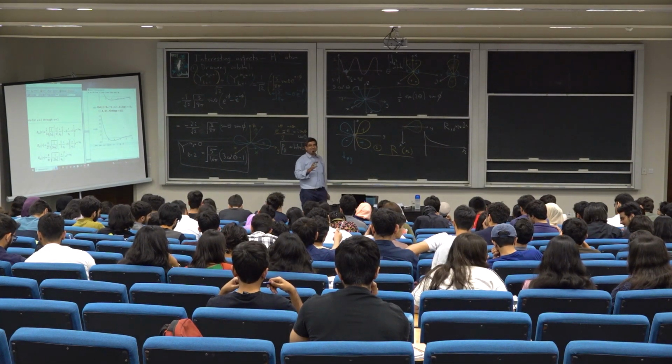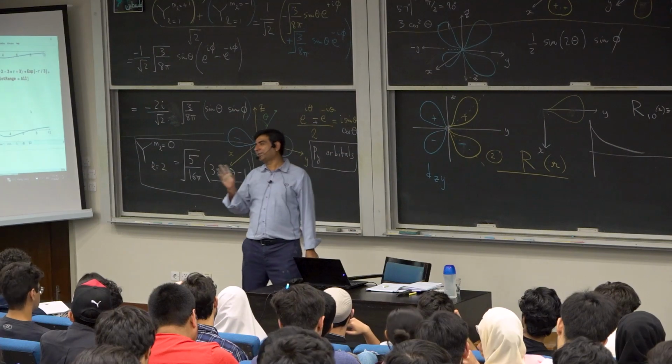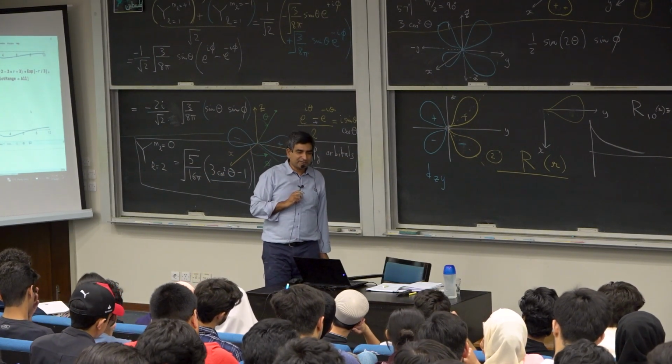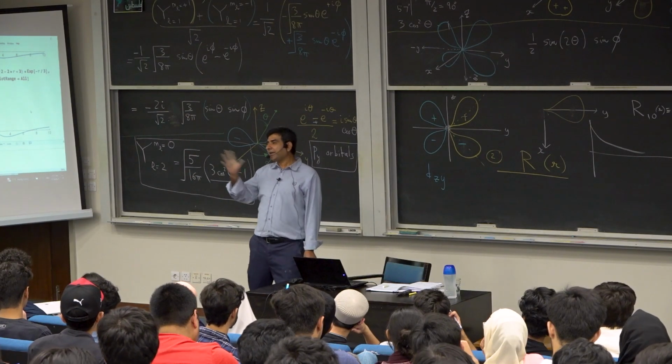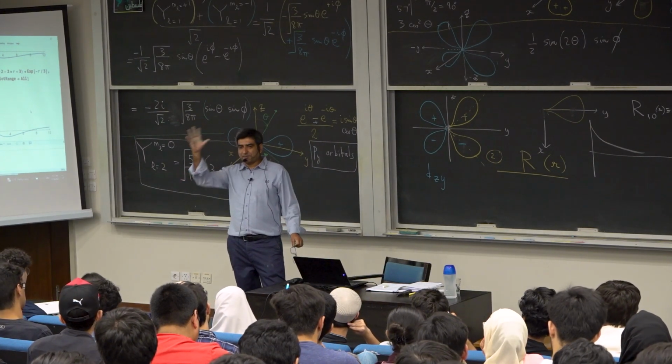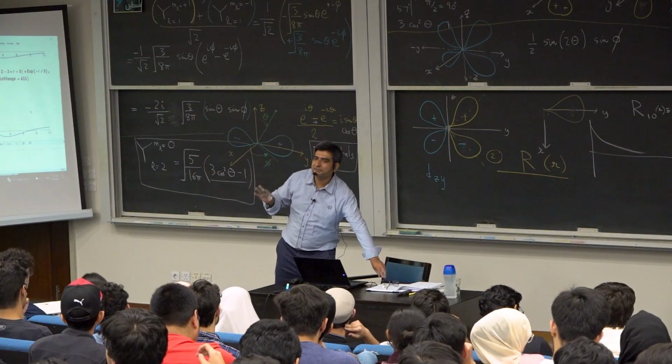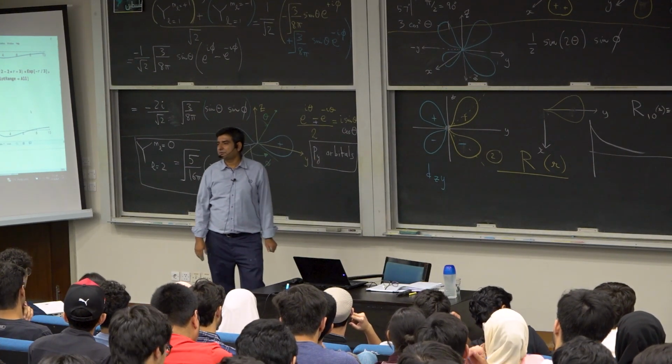On their own, they really don't tell you where the electron is. Because the next question I would like to ask is, looking at these wave functions in the radial space, which are multiplied by the angular parts, can I answer the question, where is the electron?